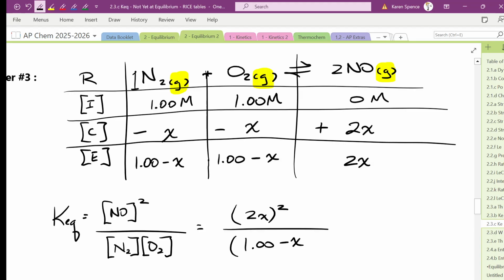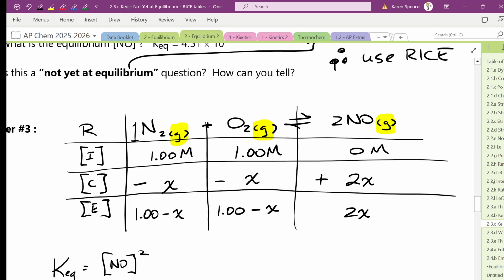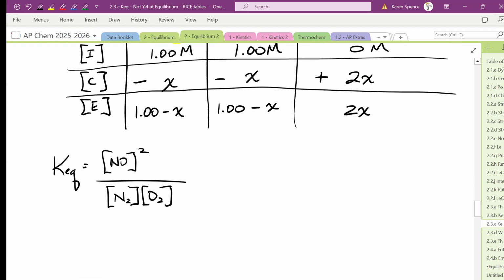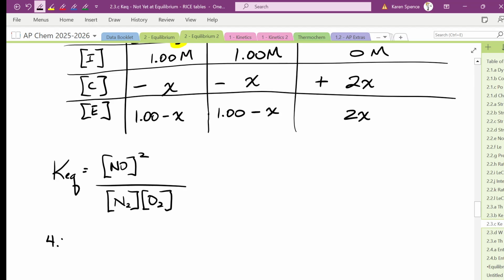Ooh, I shouldn't have done this here. I should have done it on the line below because I want my KEQ there. Hang on. That was 4.51 times 10 to the minus 3. Okay. 4.51 times 10 to the minus 3. Then you can kind of follow along with where things go. 2x.